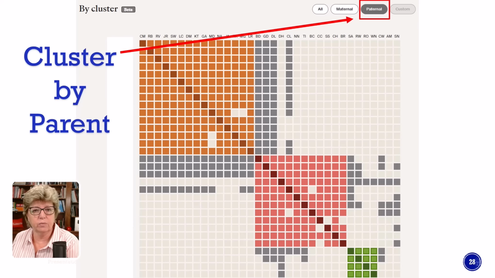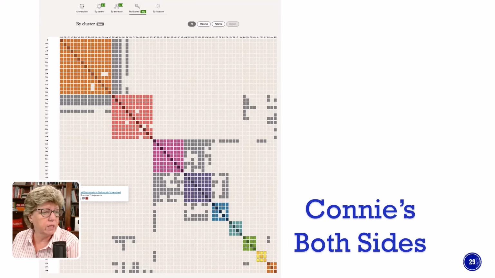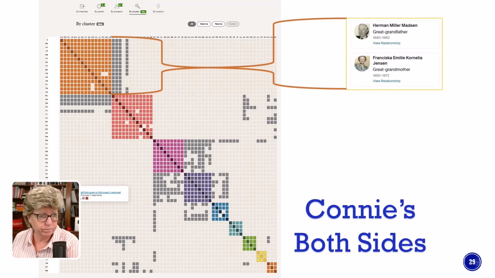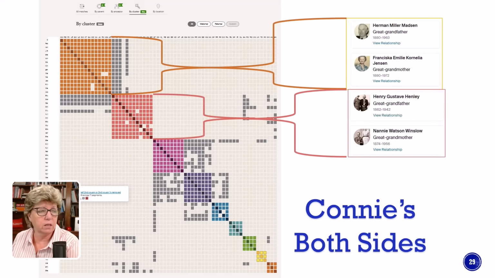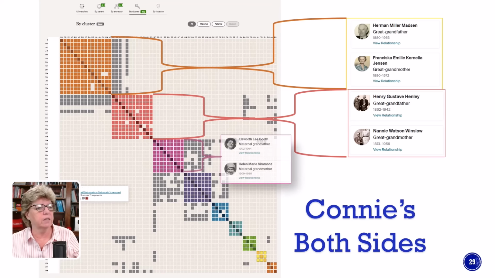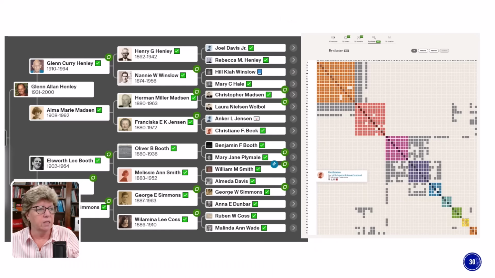Now you can cluster by maternal or paternal, which is also pretty cool. So with that, we can take a look at that. Here again, I've got my grandfather on my father's side, the cluster for them, my paternal grandmother here, and so on, right?